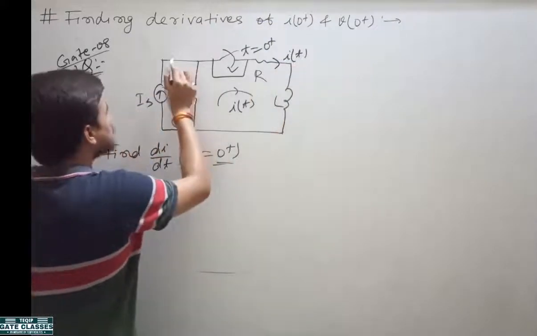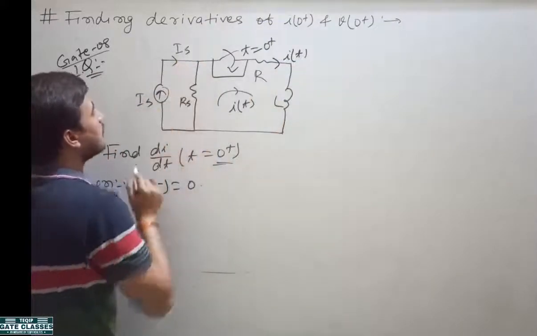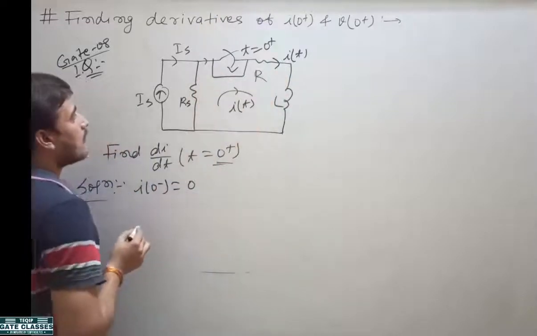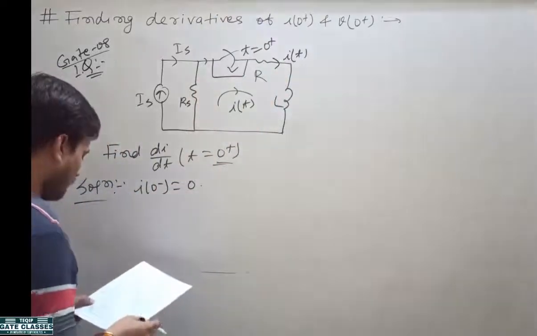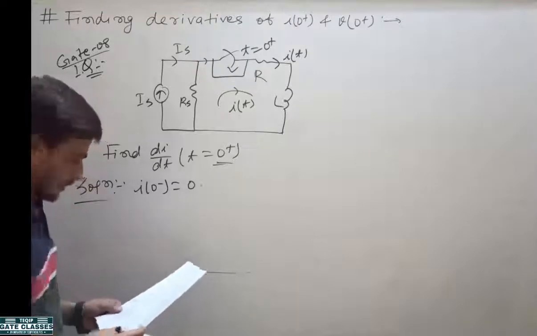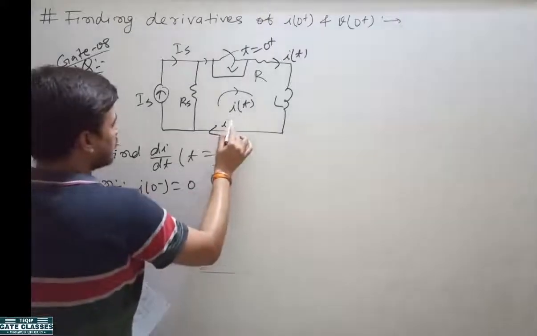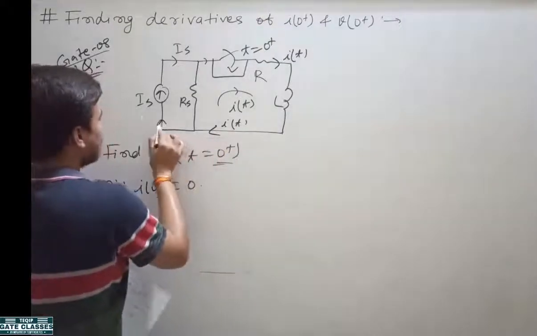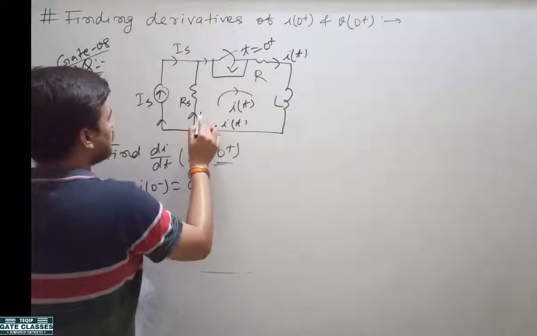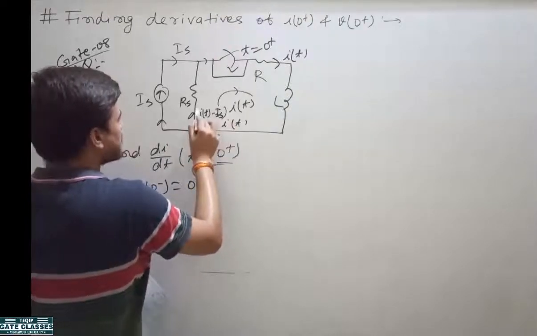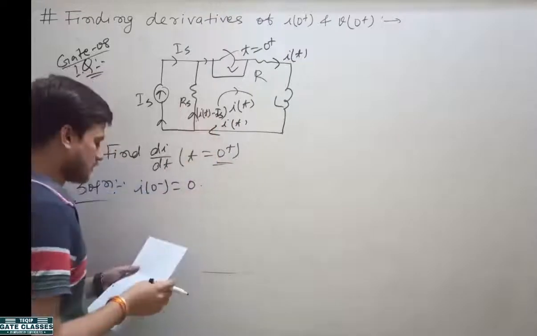You see from here Is current is entering and from here i(t) current is coming out. So current through this branch will be i(t) minus Is.